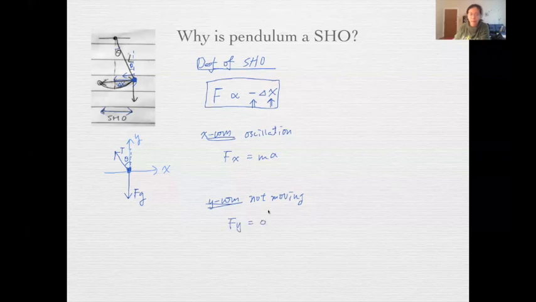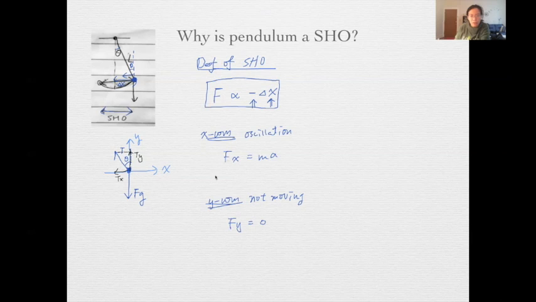So what's Fx in this case? Looking at tension and gravity, gravity has no x component, while tension has a part. This tension can be split into an x direction and a y direction. In the x component, we only have the Tx part.